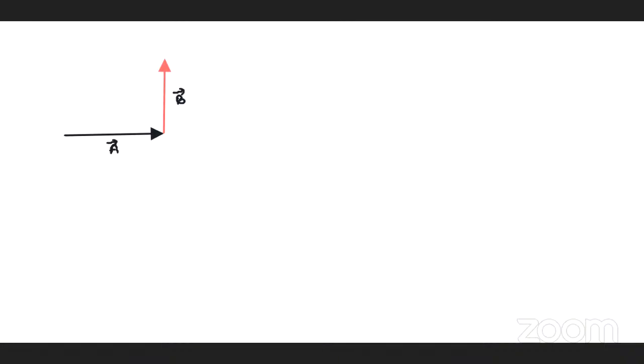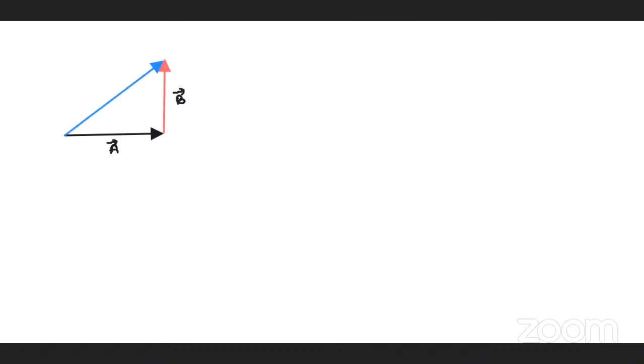The direction of A bar plus B bar, all of you know: when two vectors are taken in order by constructing the parallelogram originating from the same point, that is the direction of A bar plus B bar.